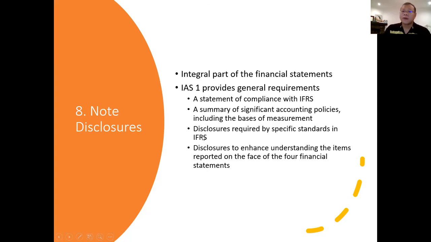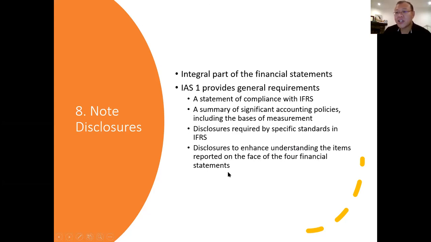So, for example, we are going to talk about Chapter 4, revenue recognition. The standard related to revenue recognition is IFRS 15. Okay, IFRS 15 has specific requirements for note disclosure, right? We have to follow that. And disclosure to enhance understanding of the items reported on the face of the financial statements.